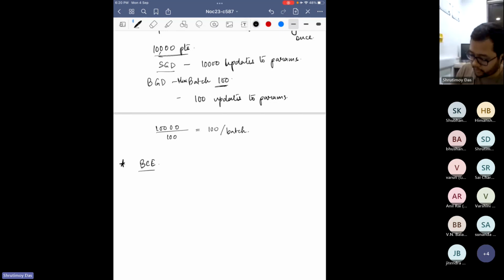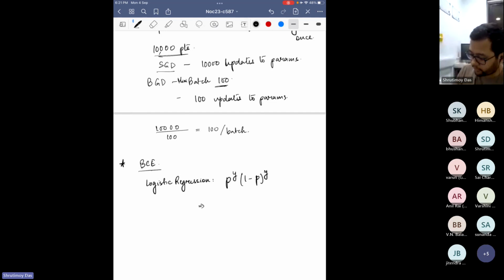We see in logistic regression that our objective was to maximize p to the power yi times 1 minus p to the power 1 minus yi.